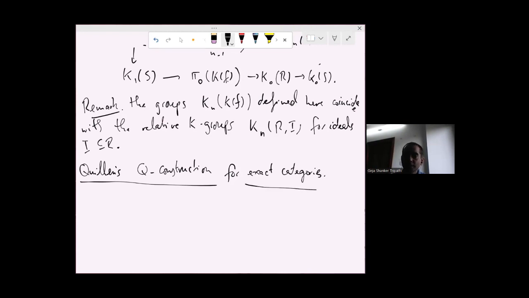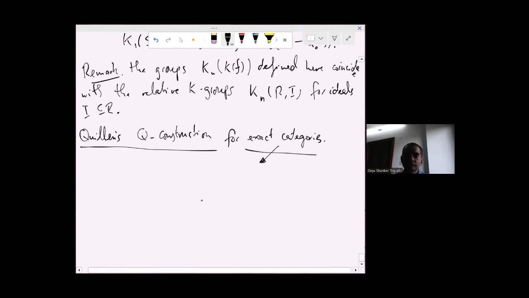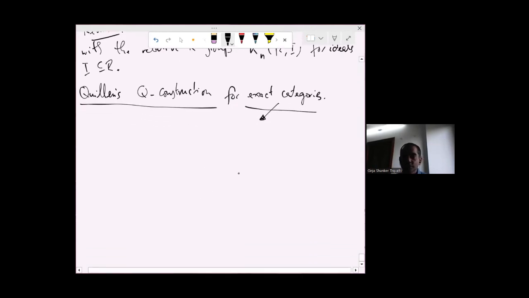So exact categories, have you seen them in many of these recent lectures? Yes, we saw them earlier. Okay, then I don't have to do too much here.